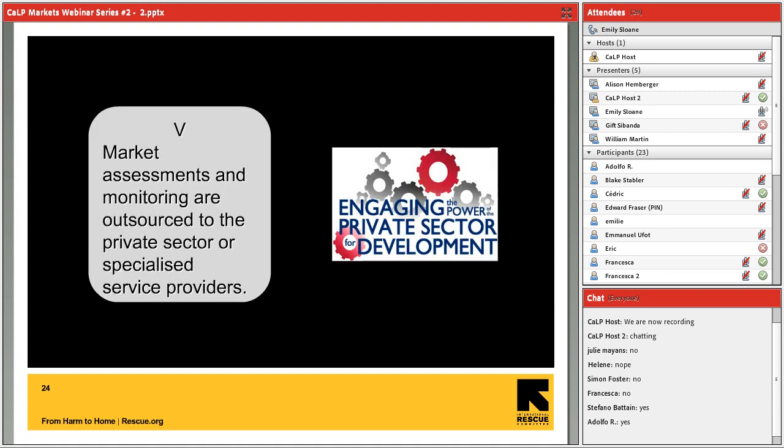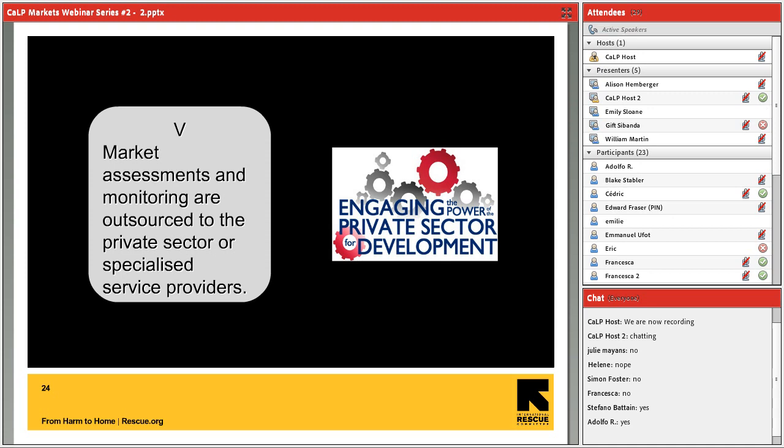Another example is market assessments and monitoring are outsourced to the private sector or specialized service providers. To some extent we're seeing an increase in this, where we have agencies such as ACAPS and FuseNet, or even WFP, gathering large data sets that can be shared widely, and then humanitarian actors can use that data as necessary.